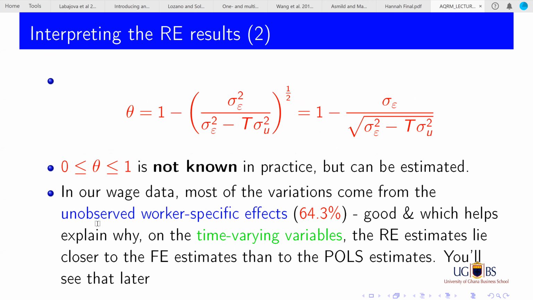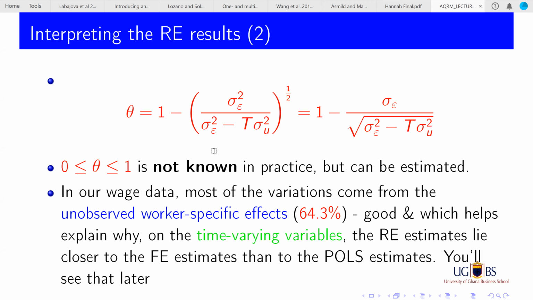So it's been able to fish it out in that regard. So this theta is very important. What is theta? Is it known or not known? Well, in practice, you don't know it. This theta is an important variable. Sometimes you can bring this formula in your journal. It's not known in the real world, but it can be estimated, the same way the beta parameters are not known in the real world, but can be estimated.